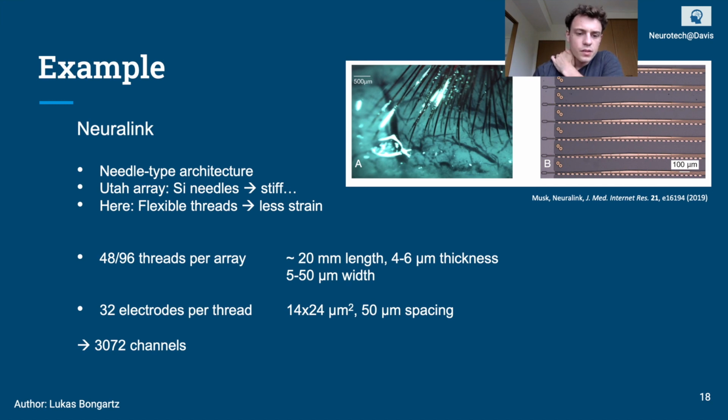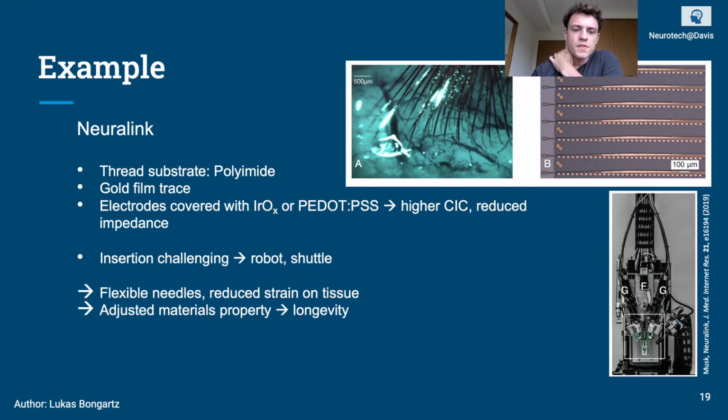Similar to the points discussed previously, the published device also used polyimide as an insulating substrate, and the contacts are given by gold traces with electrodes covered with either iridium oxide or PEDOT:PSS in order to provide the properties previously mentioned, so higher CIC, charge injection capacity, and a reduced impedance.